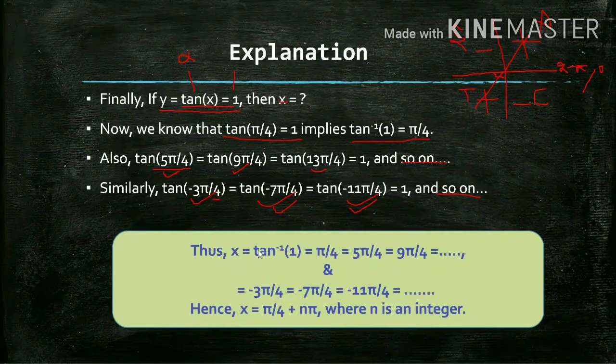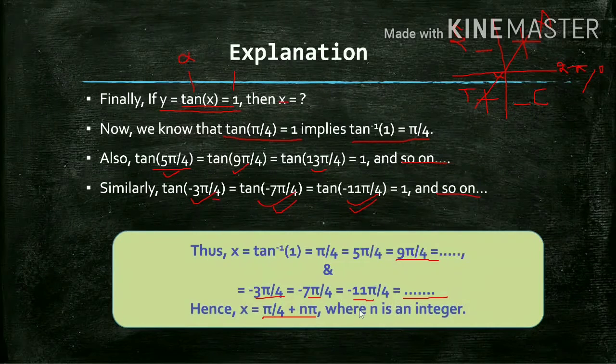So x would be tan inverse 1. These are all angles, right? Pi by 4, 5 pi by 4, 9 pi by 4, and so on. And in negative also: minus 3 pi by 4, minus 7 pi by 4, minus 11 pi by 4, and so on. So in general, you can write here 5 pi by 4 plus n pi only. On putting the value of n, you will get all these angles.